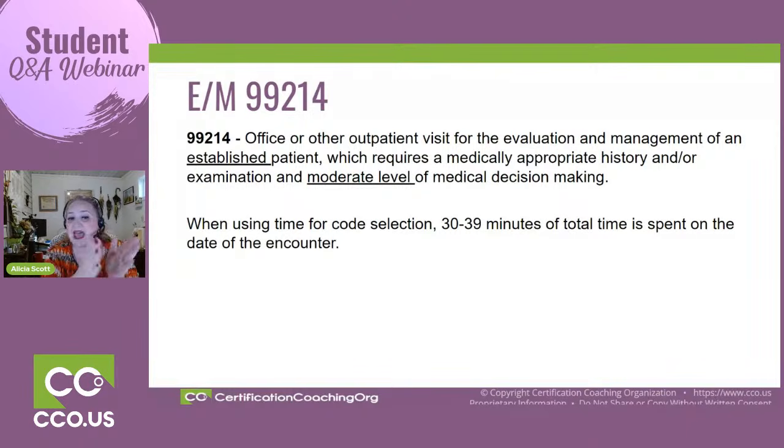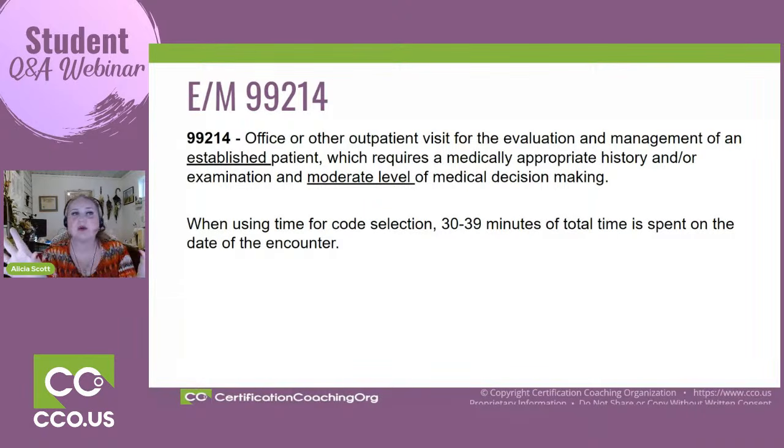So we want to be as accurate as possible. We want to be truthful, and we want to provide an accurate leveling for the work that the provider is doing based on the diagnoses and the disease process for the patient.